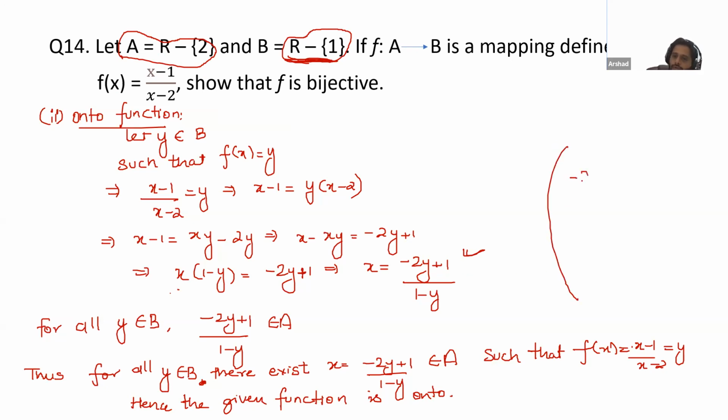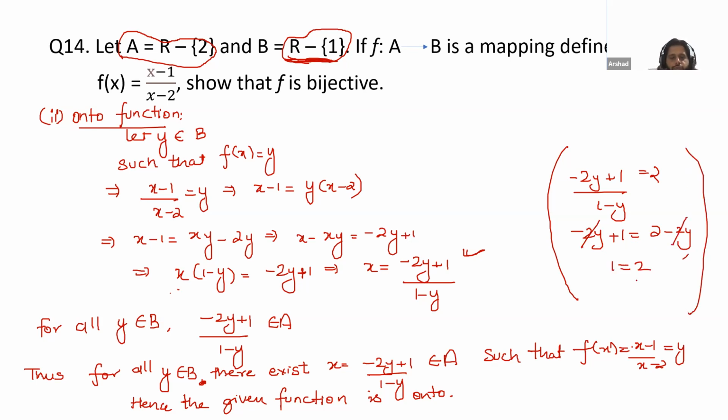I am saying that this expression will always give you a number from the set A. You can check that it will never give you 2. Why? Put (minus 2y plus 1) by (1 minus y) equal to 2. Open this bracket: minus 2y plus 1 is equal to 2 minus 2y. Shift this 2y to the left side and cancel it out. Finally, you are getting 1 is equal to 2, but we know that 1 is not equal to 2. Why are we getting this error? Because your expression is not equal to 2.